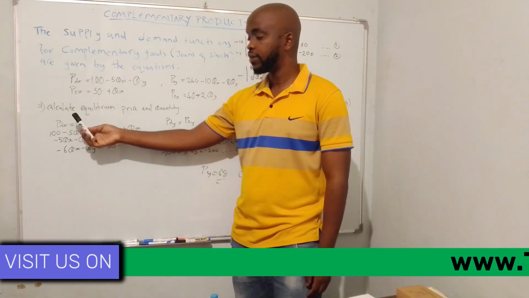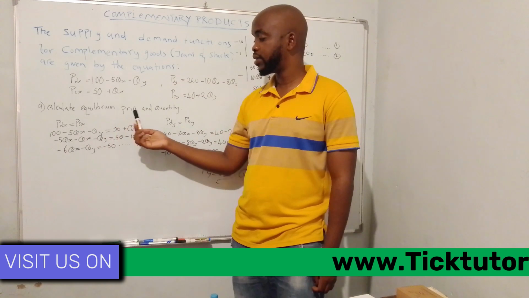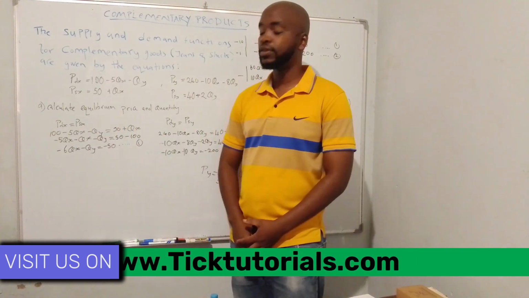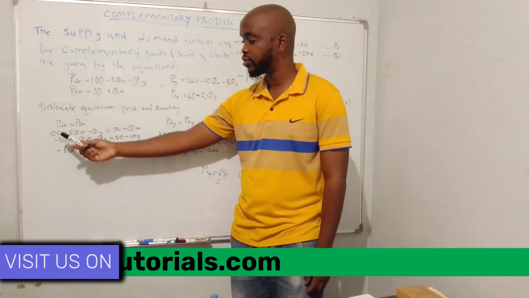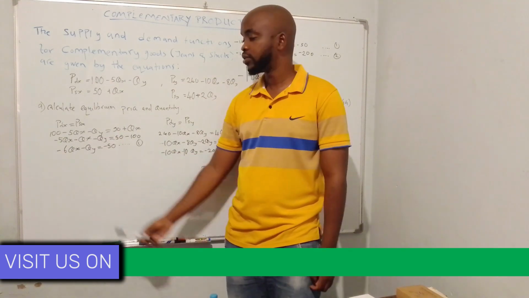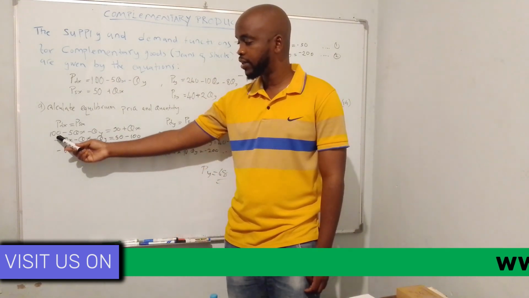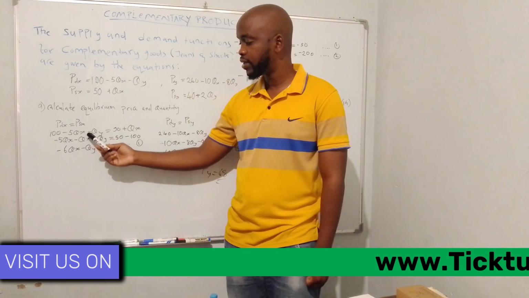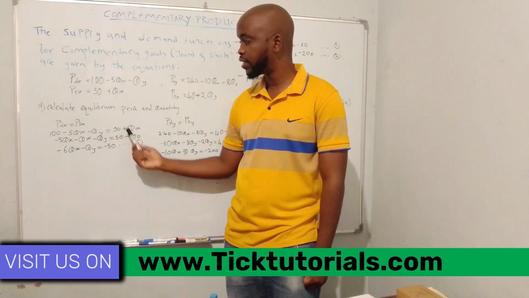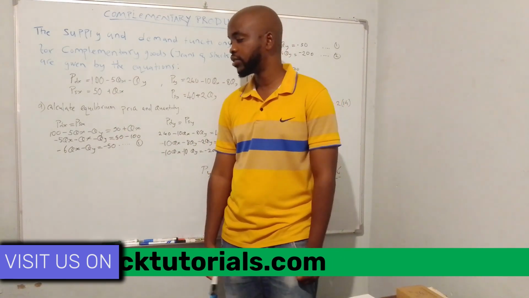So the question reads, calculate equilibrium price and quantity. So this is what we need to do. The first step, like I said earlier, is to get these two functions and equate them together. So we're going to have 100 minus 5qx minus qy, which is the demand function, equal to 50 plus qx, which is the supply function.